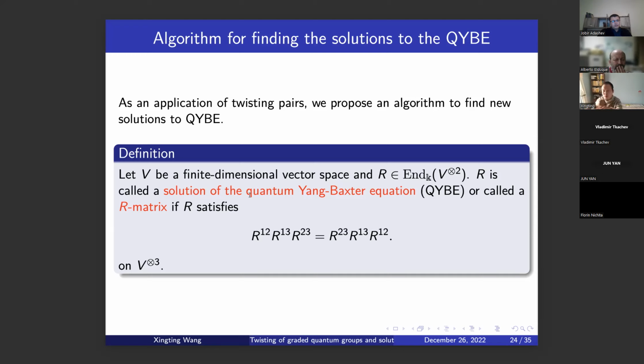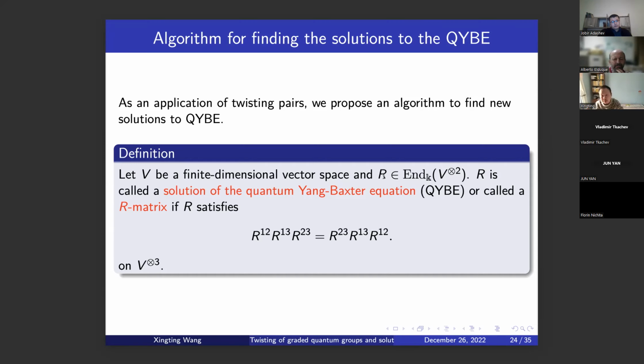If you try to braid two strings, you have two ways to braid three strings, and the equivalence of the two different braidings is called the braid equation. The quantum Yang-Baxter equation is almost the same, except for a flip. So I take a finite dimensional vector space V, and I consider possible linear transformations, or endomorphisms, of V tensor V.